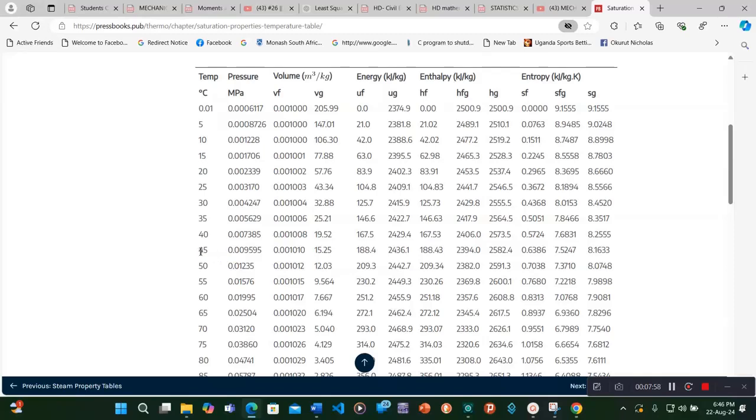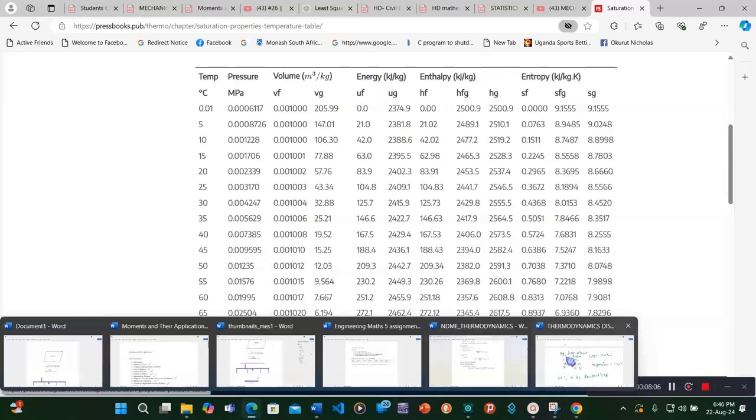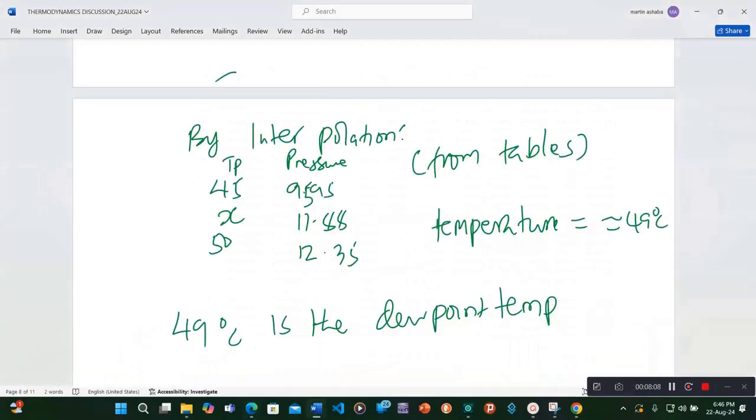So our temperature is going to be lying between 45 and 50. So by interpolation, we can calculate that value and then write it down. So these are our values and the corresponding pressures. Our x that we don't know corresponds to 11.88, and then 50 corresponds to 12.35, and by interpolation, our temperature should come to 49 degrees Celsius.